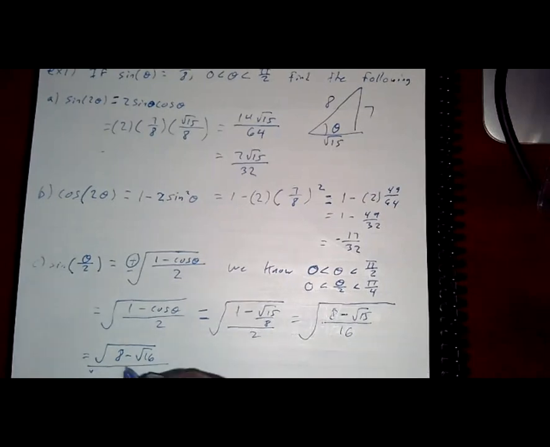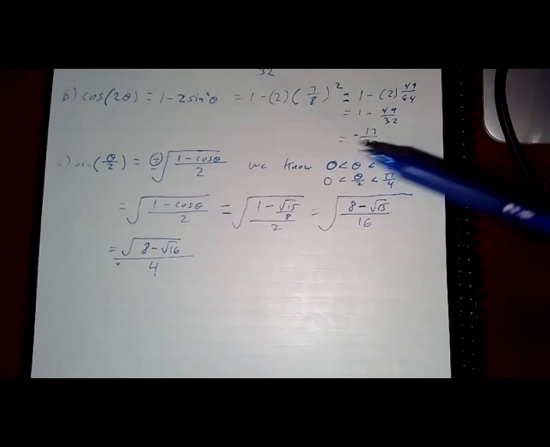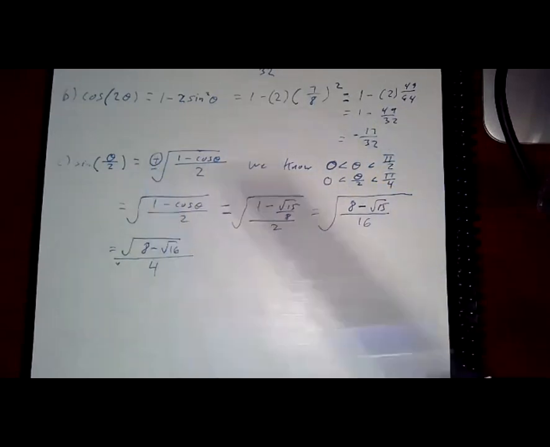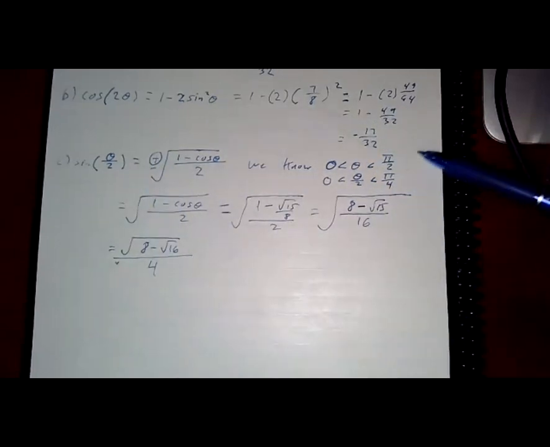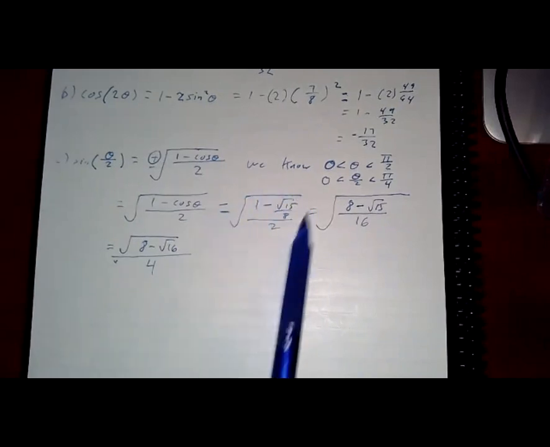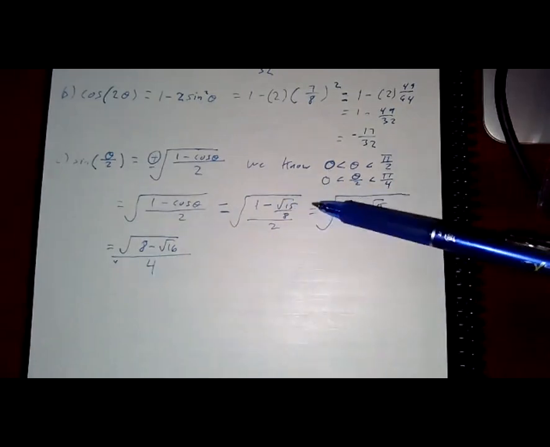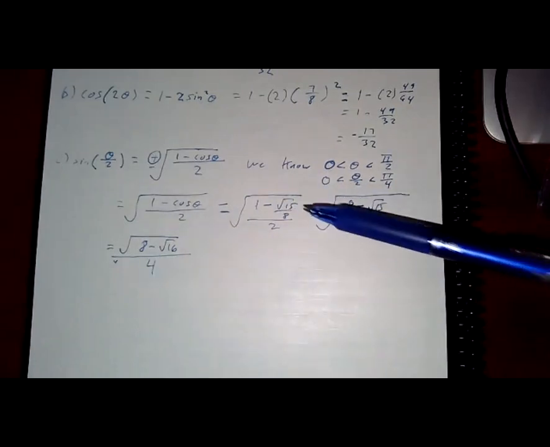Outside the root, this becomes a 4. Anyway, the key part is, do you understand why I picked the plus, how I figured this out, and getting to here? After that, after this step, it's just fractions and stuff, but this setup here is the most important. Does that make sense?